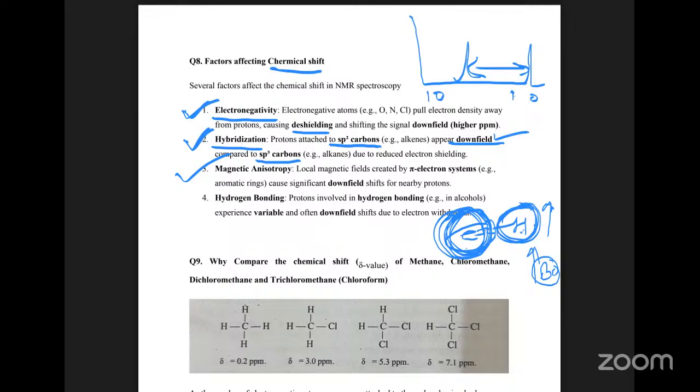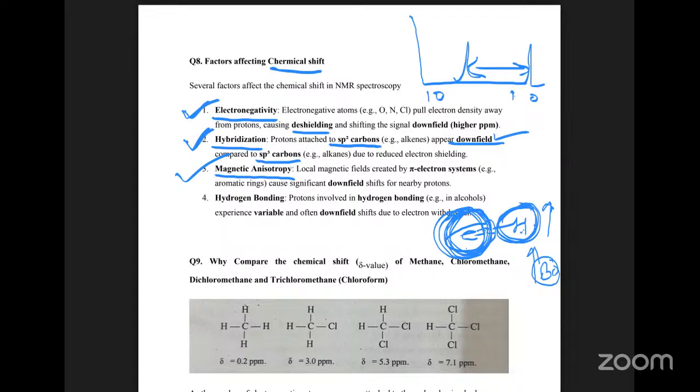This particular magnetic anisotropy is caused by the ring current or pi electron current, which pushes the proton in the same direction as the applied magnetic field.